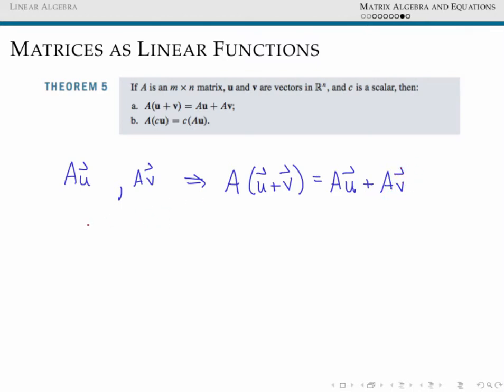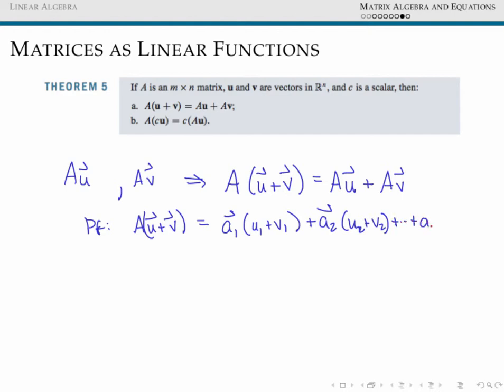And this, by the way, is fairly easy to prove just using the definition of vector multiplication that we saw earlier. So this A of U plus V is precisely my column vector A1 times U1 plus V1 plus our column vector A2, U2 plus V2, all the way up to An, Un plus Vn.